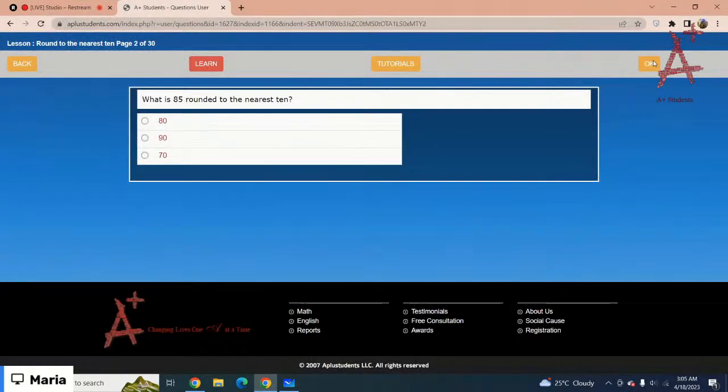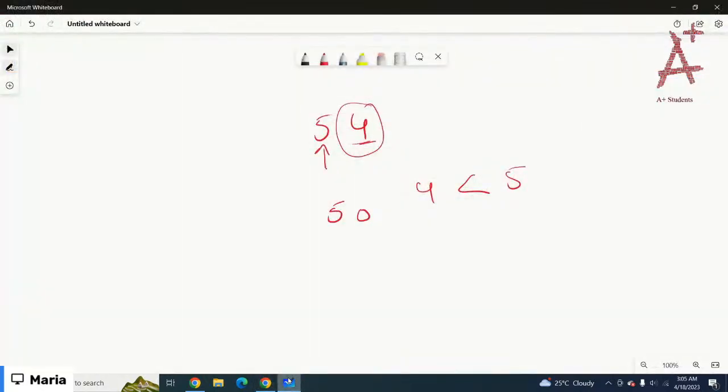Okay, what is 85 rounded to the nearest 10? You have to round off 85. Got it? So the digit that is at the tens position is 8.